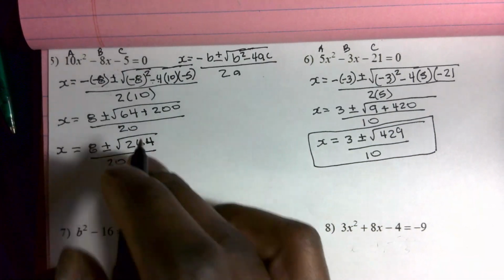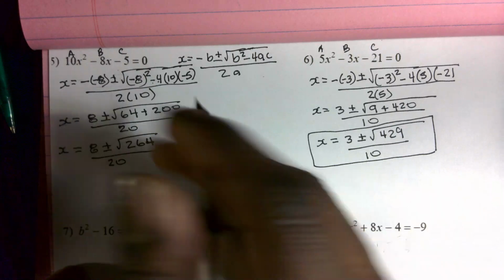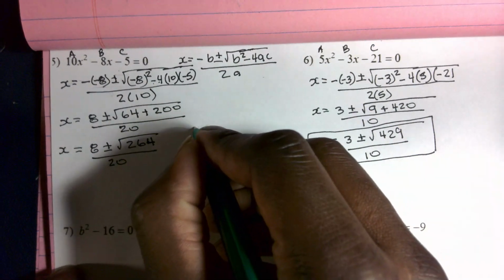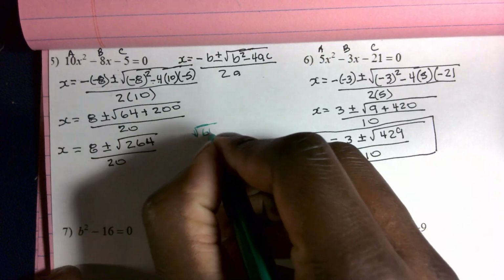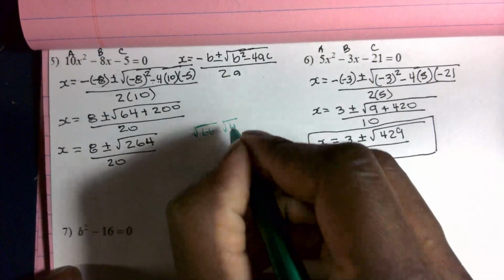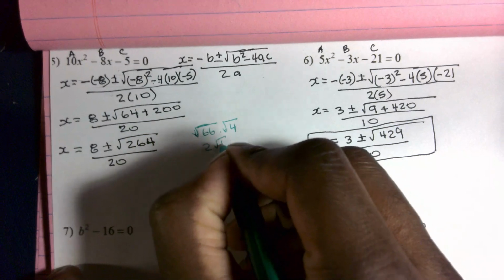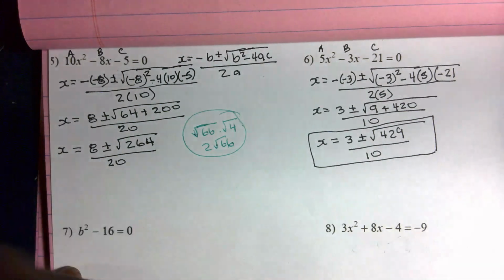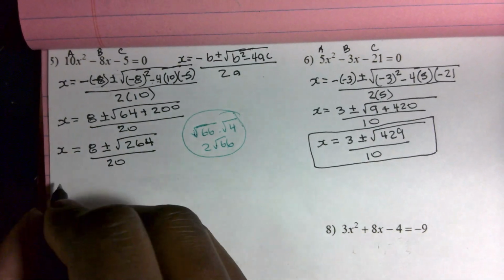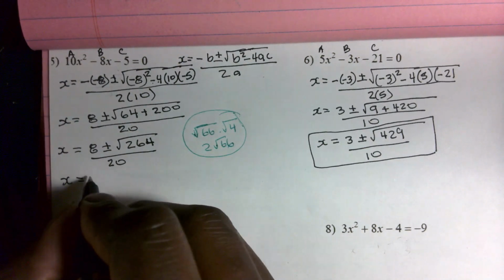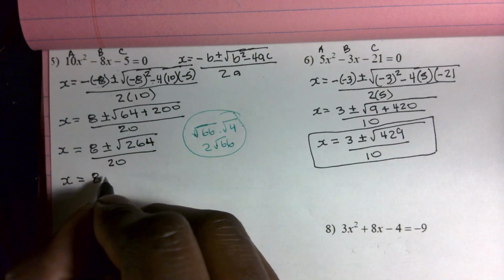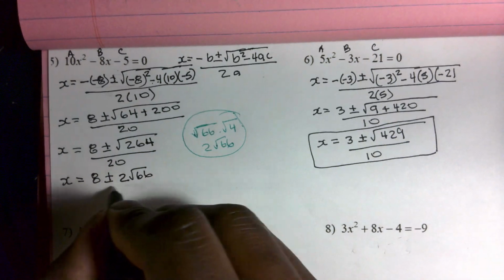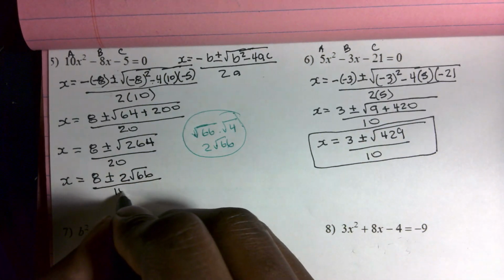So this 264 can be reduced. The square root of 264 is the square root of 66 times the square root of 4, which is 2 root 66. So we're going to use this here. So x equals 8 plus or minus 2 root 66 over 20.